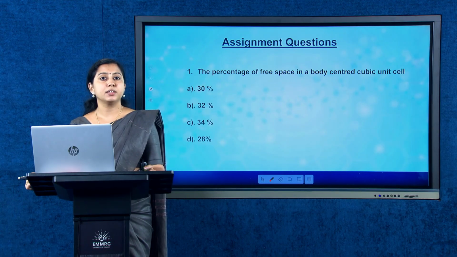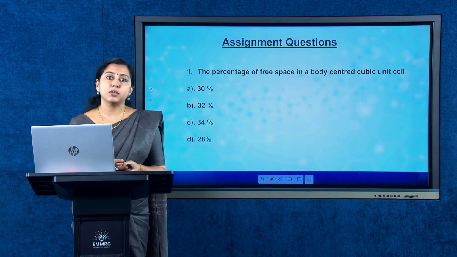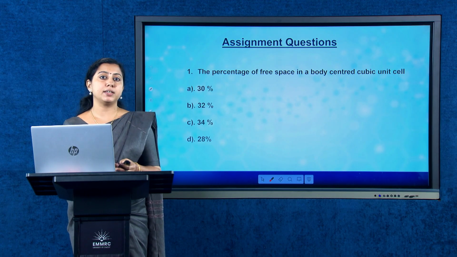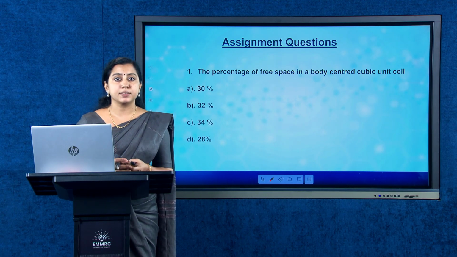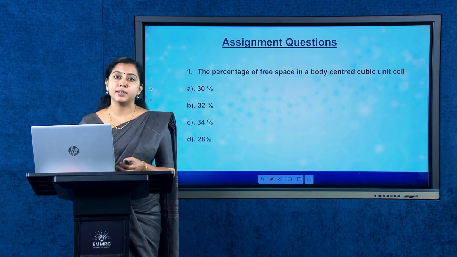The first question: what is the percentage of free space in a body centered cubic unit cell? We have four options: option A 30%, option B 32%, option C 34% and option D 28%. In the last class, we have seen the packing efficiency in various cubic lattices, namely face centered, body centered and simple cubic.